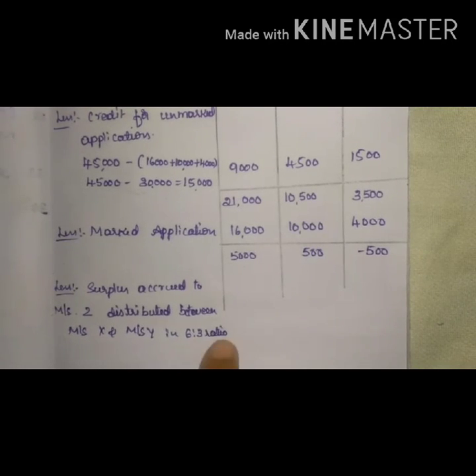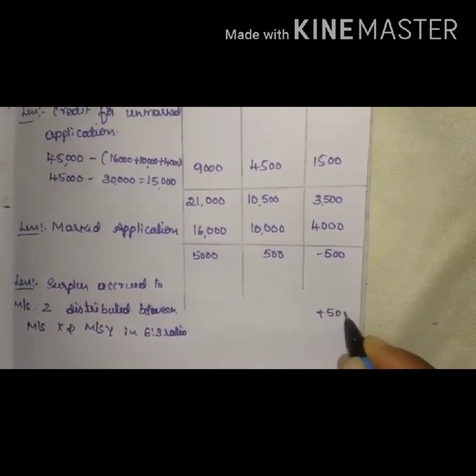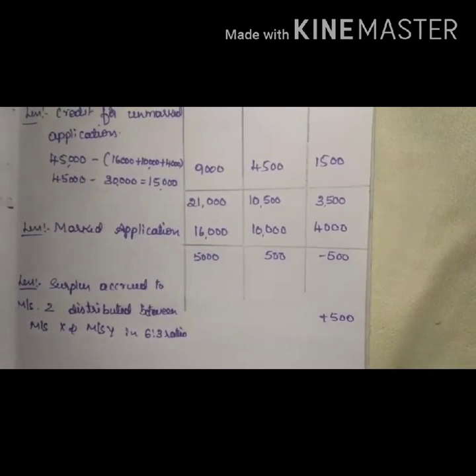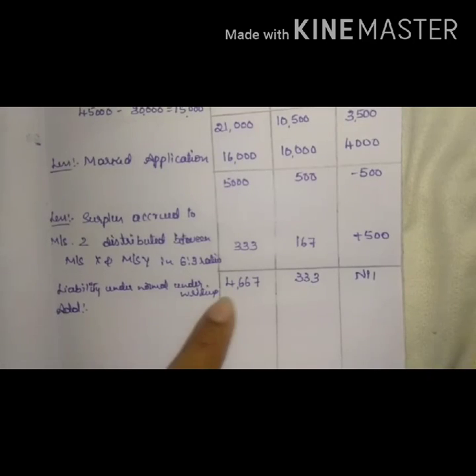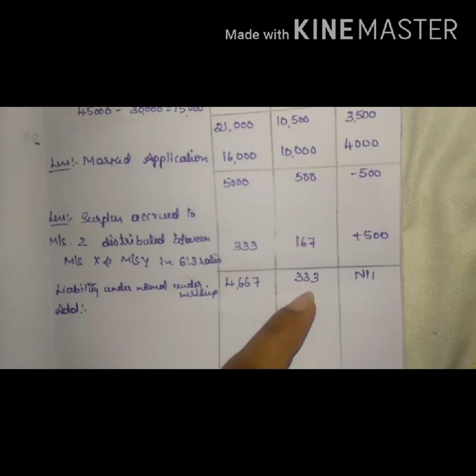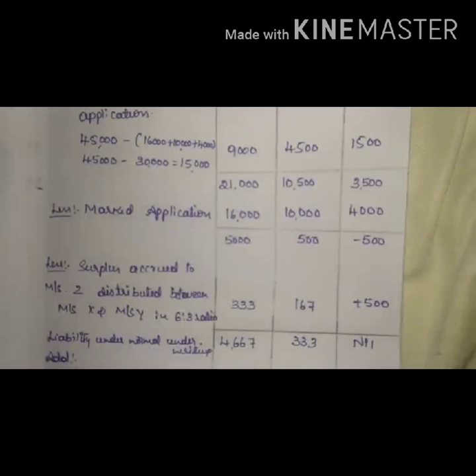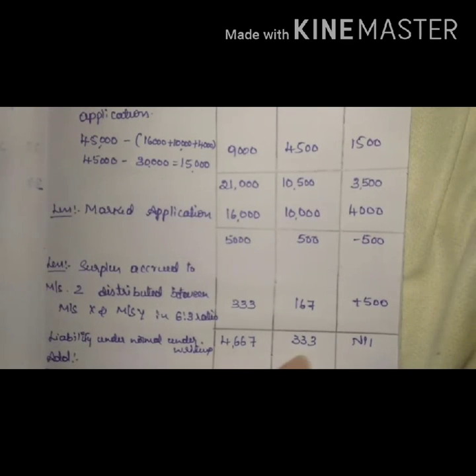In that ratio you have to share this surplus, and we have to make the liability of Z nil. So we'll be getting liability under normal underwriting: 4,667 shares for X to take, Y 333 shares, and Z nil. So under pure underwriting, these underwriters will be getting this much shares to take up.